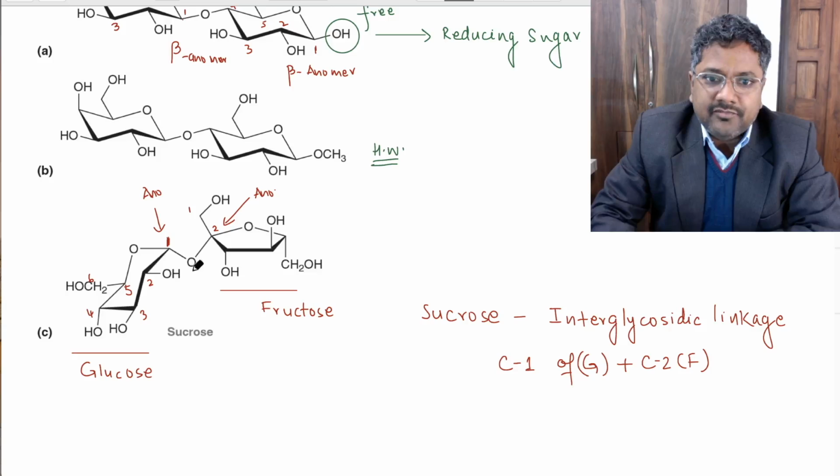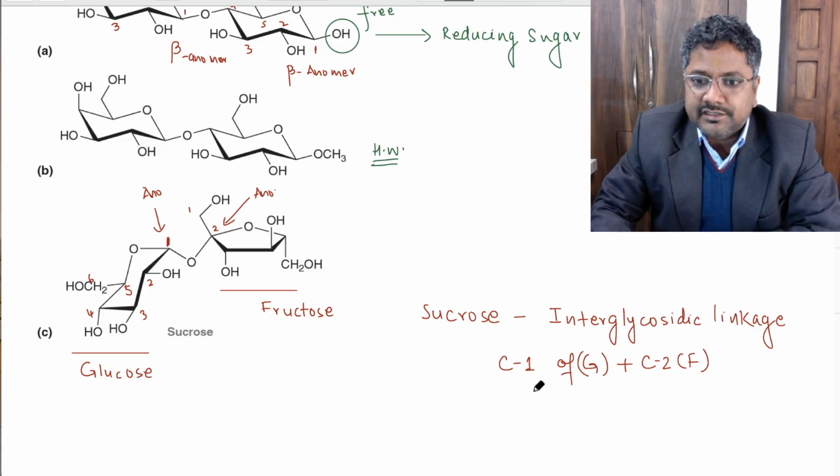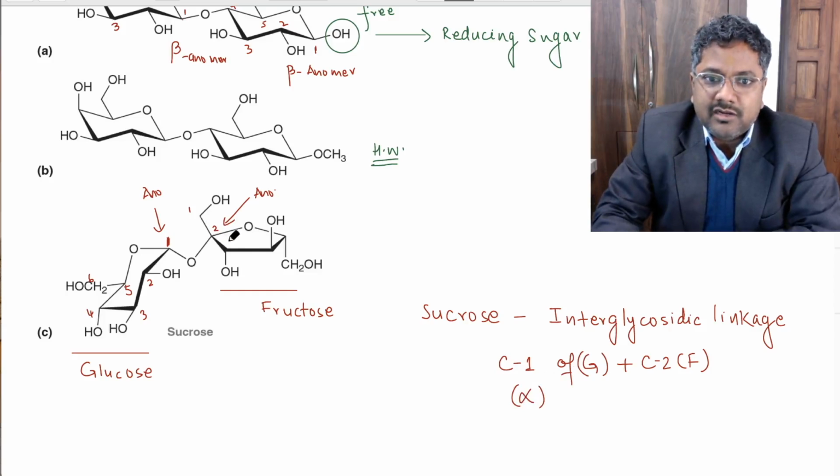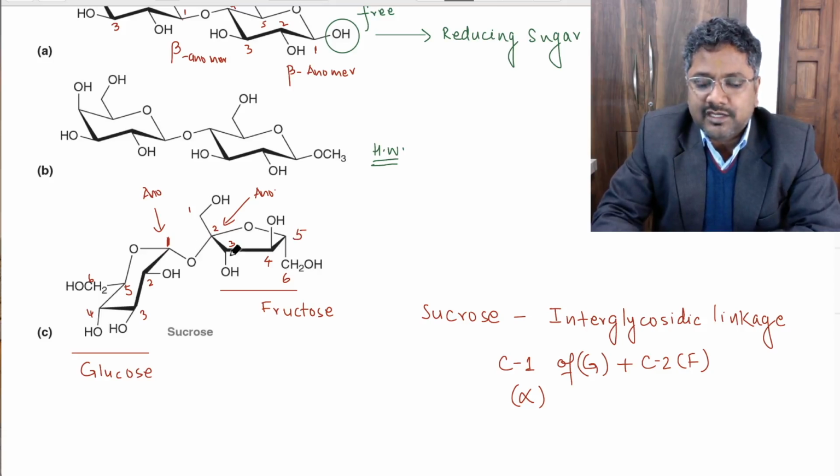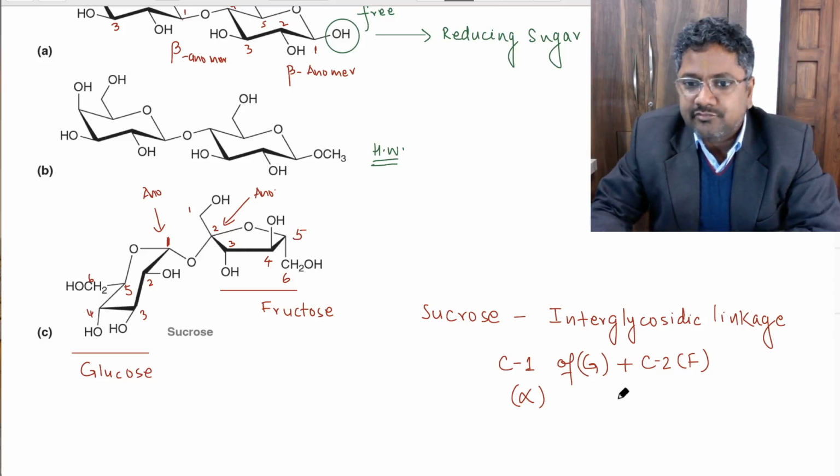So 1 and 5 opposite. So this is C1 alpha, and here 1, 2, 3, 4, 5, right, and 6. So C2 O this side and C5 CH2OH this side. If both are in the same plane, then this is beta.